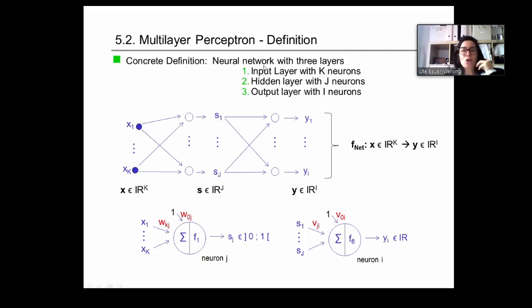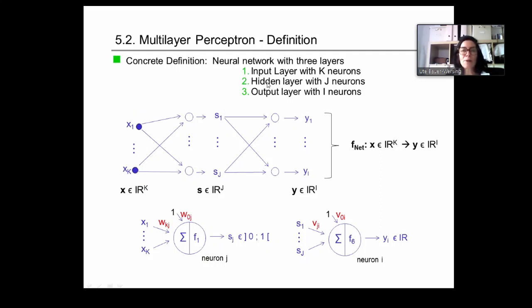The input layer is usually a layer that just takes the input data and outputs the input data again, so this is just a sort of notation that has not much function. It becomes interesting with the hidden layer. The input layer contains K neurons, and these K neurons just get 1 input and 1 output, and the output is equivalent to the input.